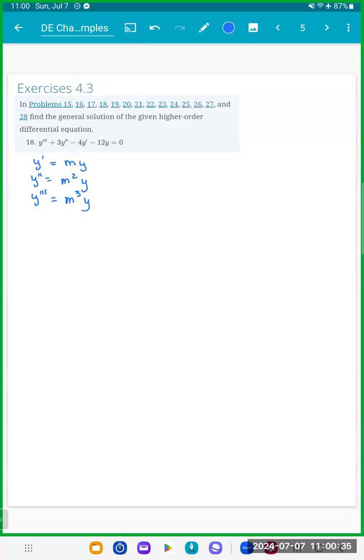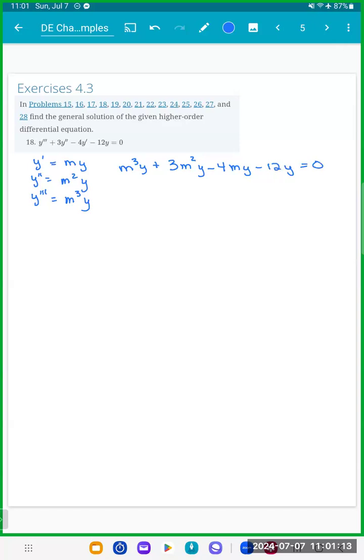So when we write this down and we translate this, given the equation that we've been presented, we can rewrite that as y triple prime, right? So that's just going to be m cubed y. Plus we have 3 of these, so that's m squared y minus 4 of the my, right? Minus 12y is equal to 0.